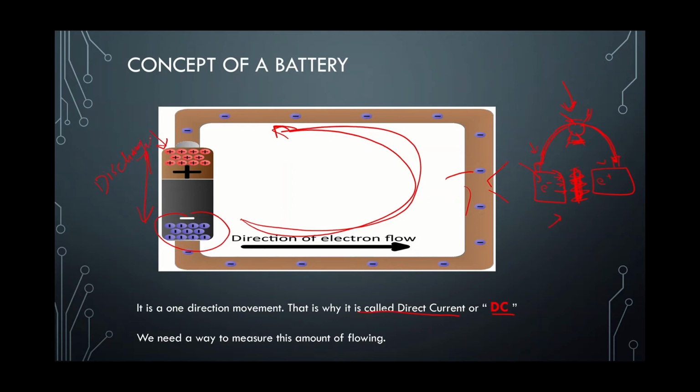It becomes empty. So what we are going to do, we have to connect this battery to electricity. Why? Once it's discharged, it is balanced, so no electrons need to be removed here, and no holes here need to be filled.